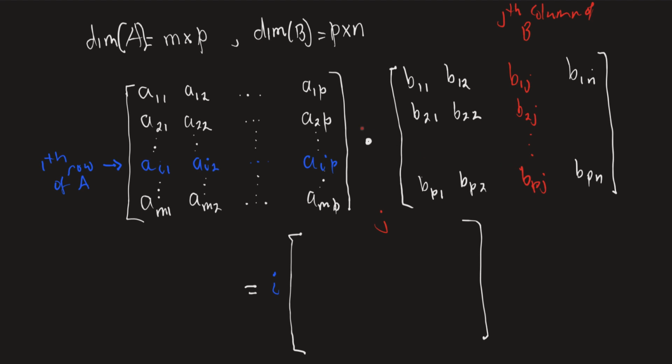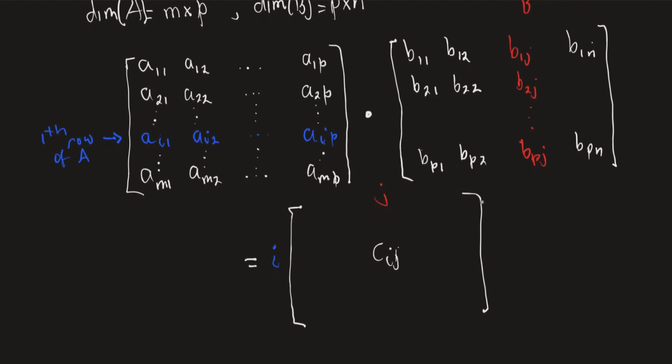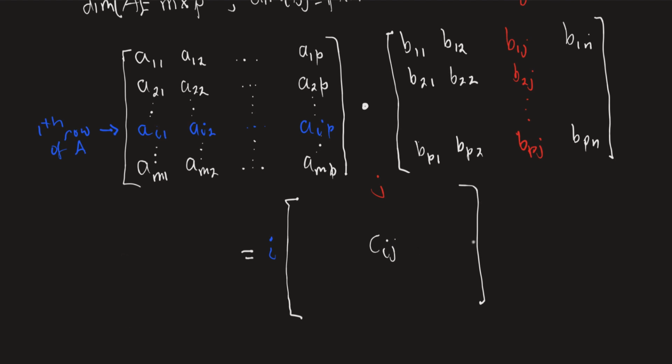So what I'm going to do is use another letter now and call this Cij, where Cij is equal to this. Again, take the first entry in the blue row and multiply the first entry in the red column.